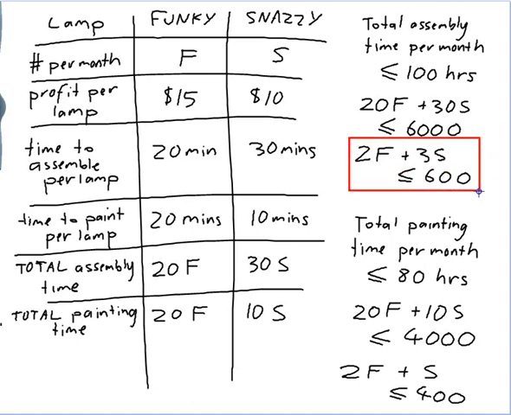This and this. All I need to do now is find out how to make the decision on what the best number of lamps is. And I would imagine that would be based on profit. We want to increase the profit, so we actually want to maximize the function which is profit. So let me add one more row to my table about the total profit.